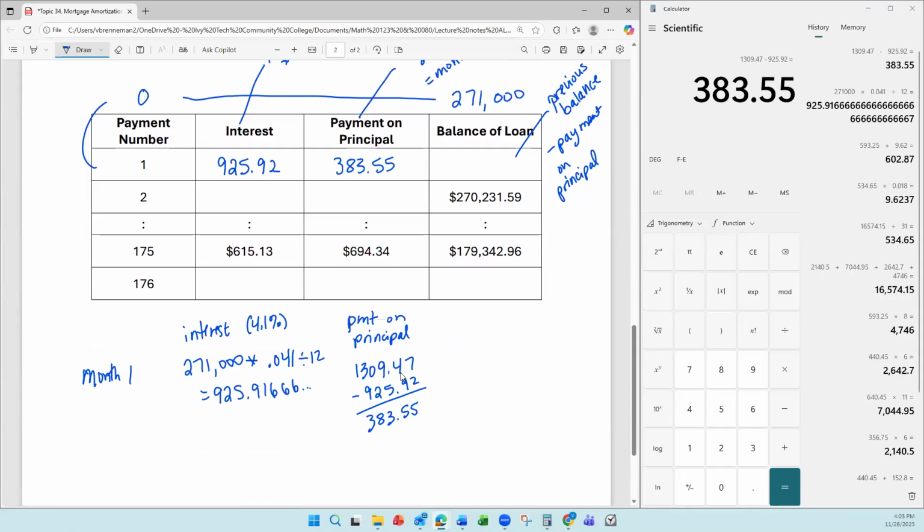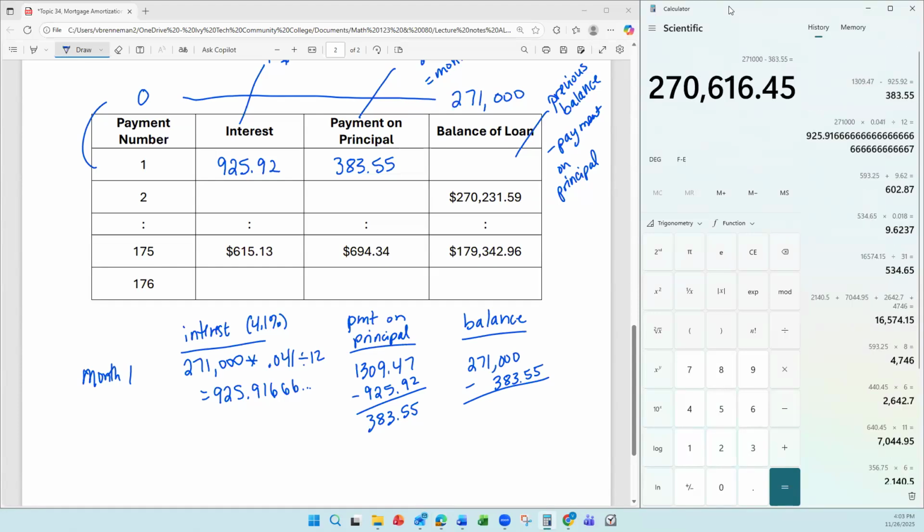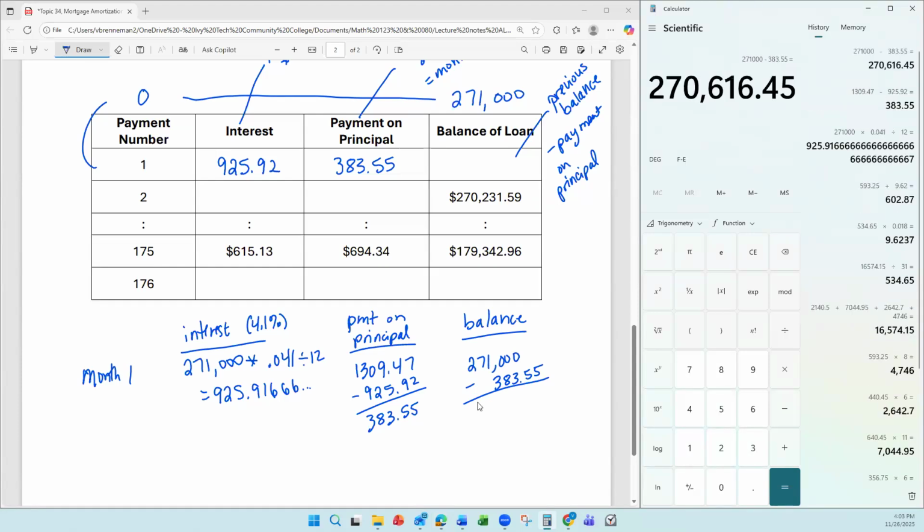And then the new balance, the balance of loan, is going to be the previous balance, so the 271,000 minus the payment on principal, so the 383.55. $270,616.45 goes here.